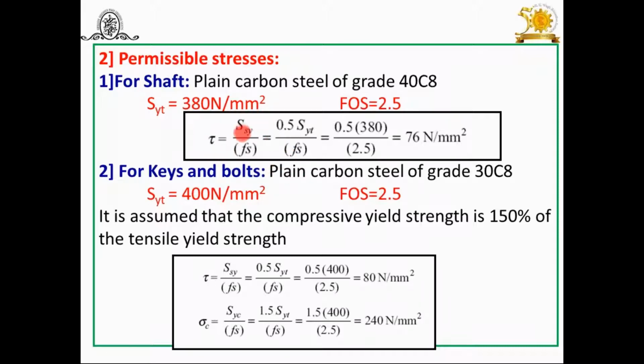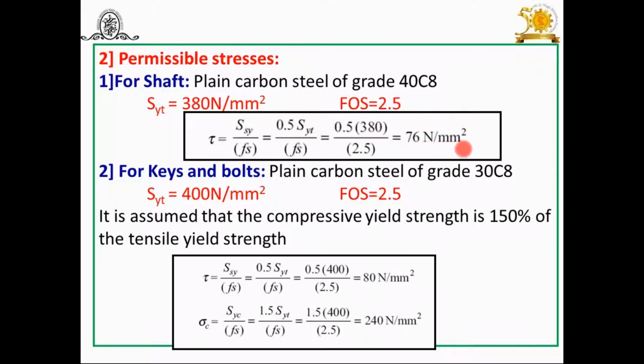We know very well SSY means 0.5 SYT, SYT is 380. You can substitute here. Tau permissible for the shaft is 0.5 into 380 divided by 2.5. What you will get here? Tau permissible for the shaft is equal to 76 Newton per mm square.